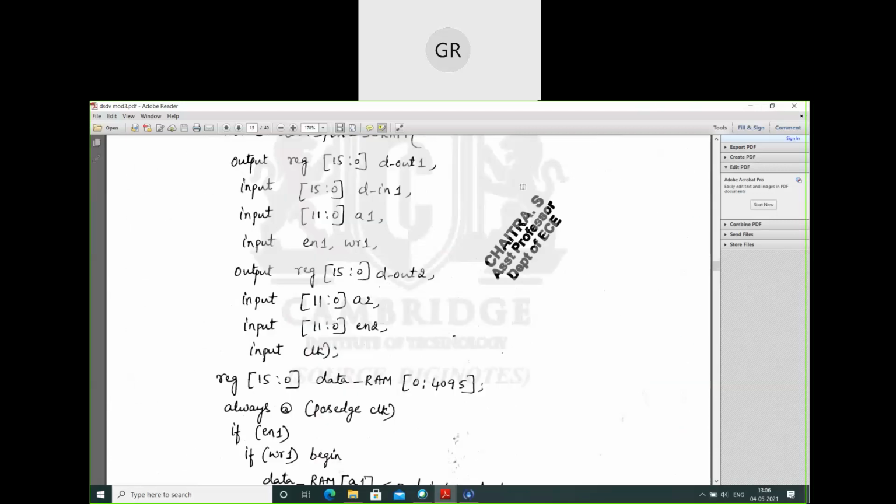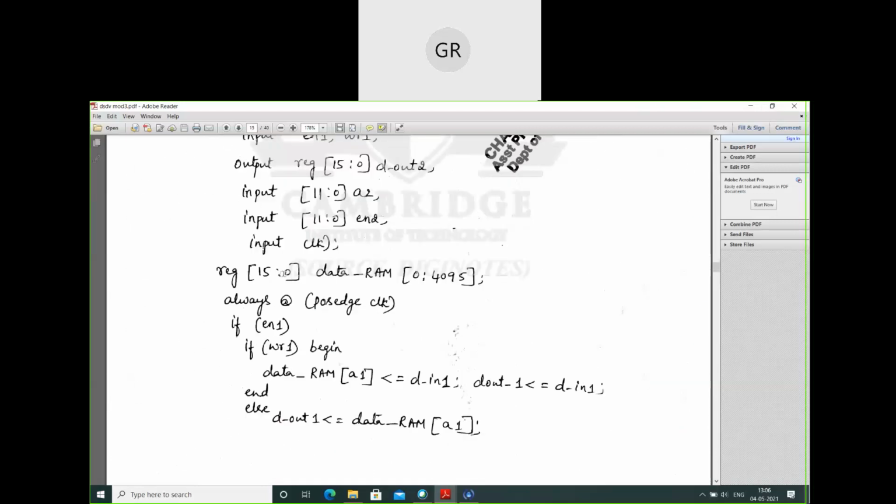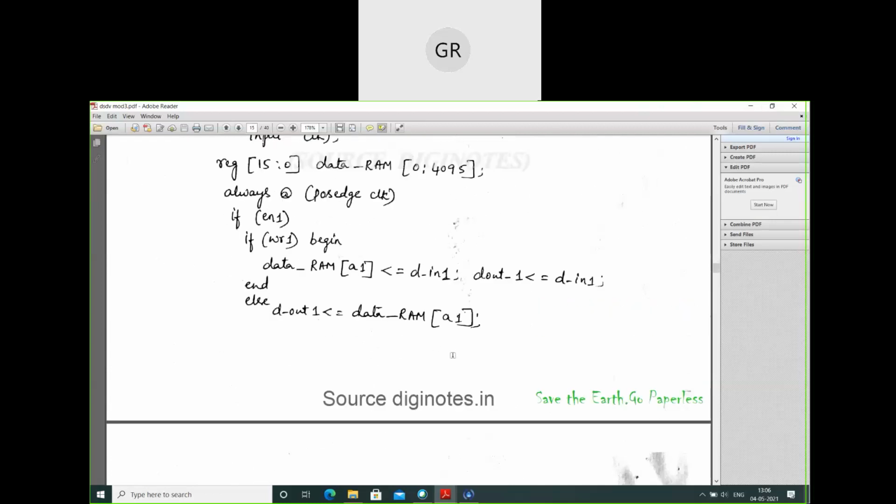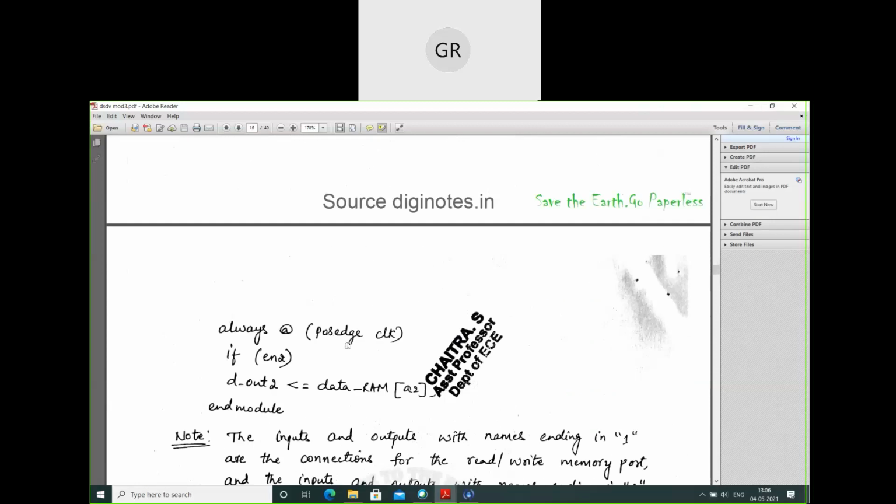That's why here, one port has A1 address, D in 1 as input and D out 1 as output. This is port 1. For port 2, always at the positive clock edge, if enable equal to 2, D out 2 gets data RAM A2. Only this is the read operation. Just remember that.